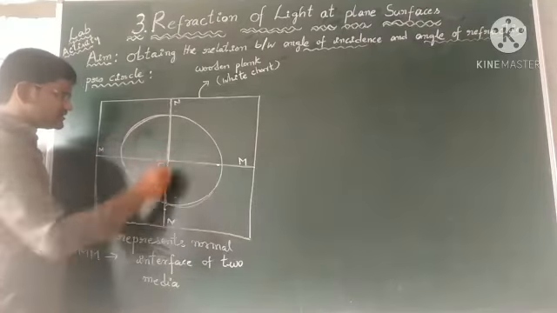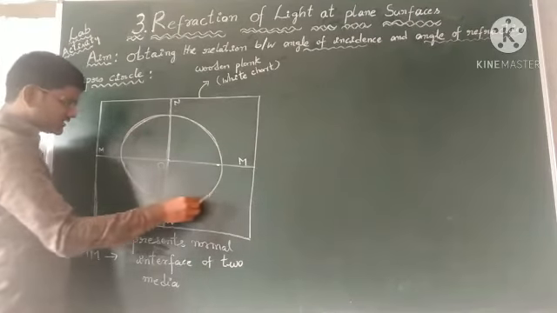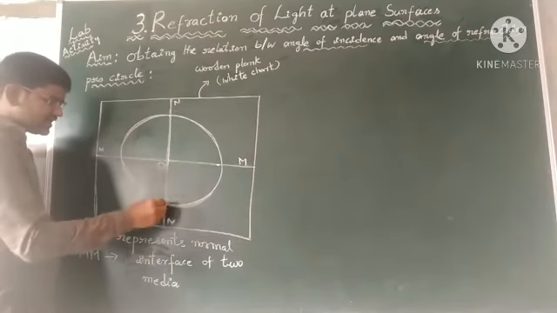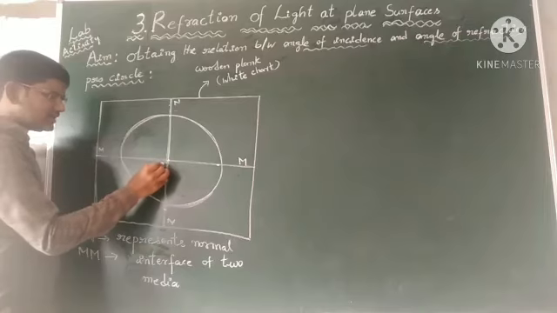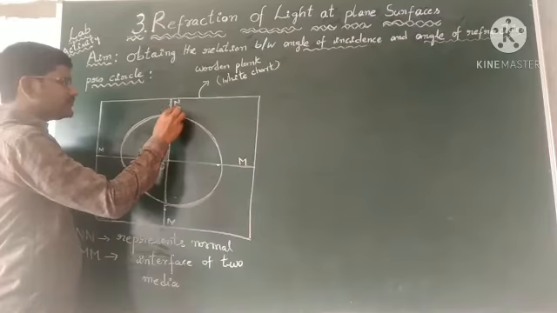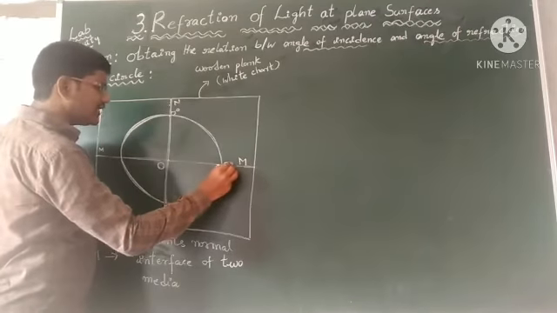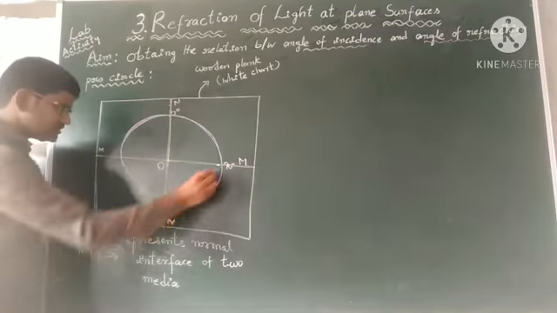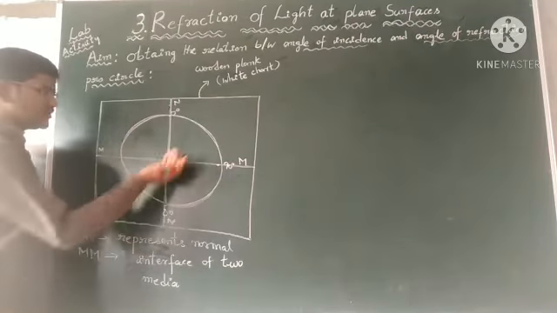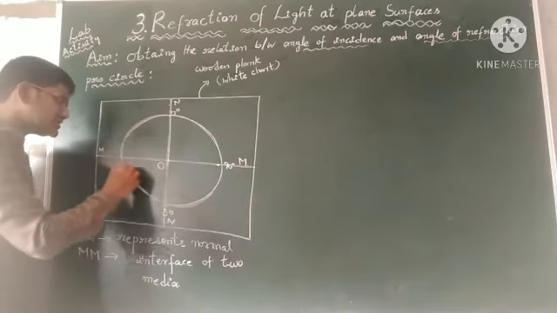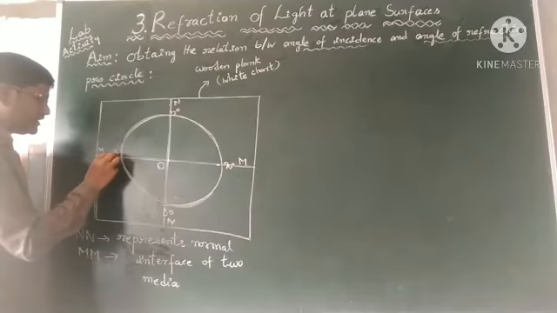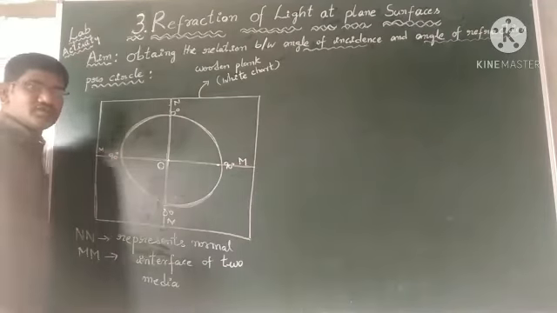See my dear students, this is our protractor. Its diameter coincides with the NN line, its center coincides with O, and we will mark the angles from 0 degrees to 90 degrees. Now the same protractor we will keep this side and measure the angles from 0 to 90 degrees and again 90 to 0 degrees.